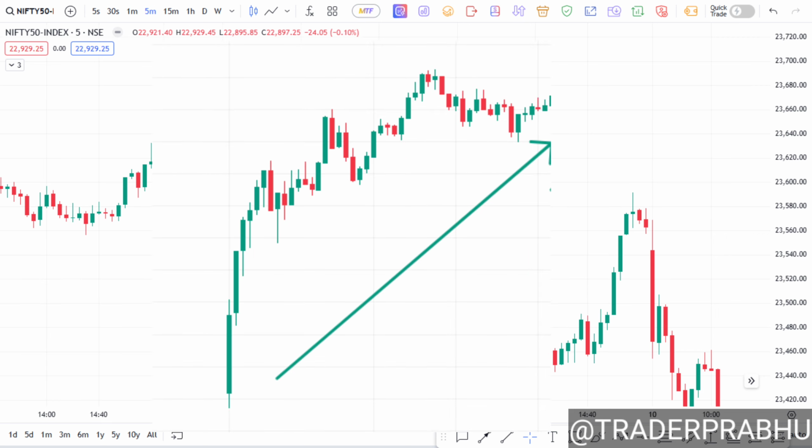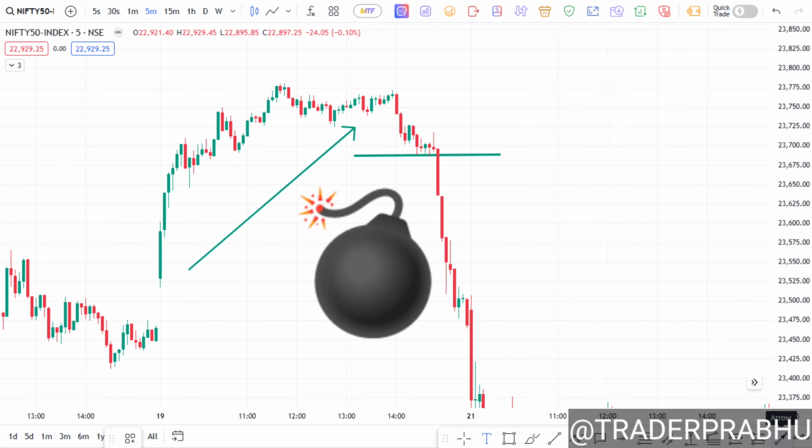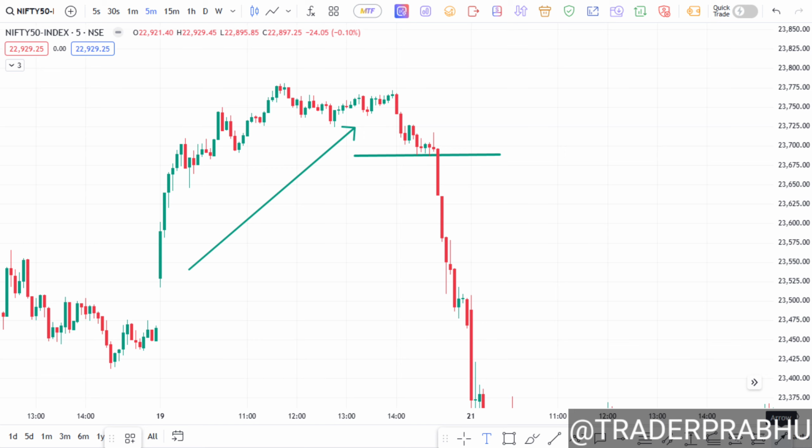What if you are driving uphill thinking you will keep going up, but then boom, you hit a dead end and are forced to turn around. This is exactly how trend reversals happen in the market.